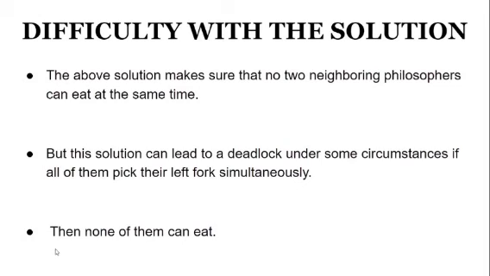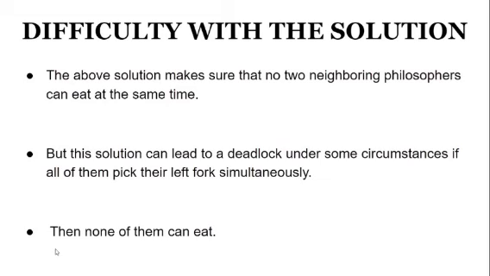Neighboring philosophers, in the sense of philosophers sitting next to each other, were trying to access the same fork. Now, what our solution does is it eliminates the possibility of any two neighboring philosophers eating at the same time. This is how our solution works, and this is why our solution is a success.